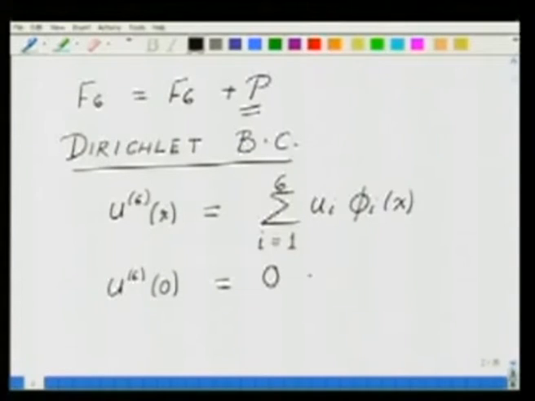So, this is equal to u1. So, this condition has to be explicitly imposed in the solution. So, how do we explicitly impose it?